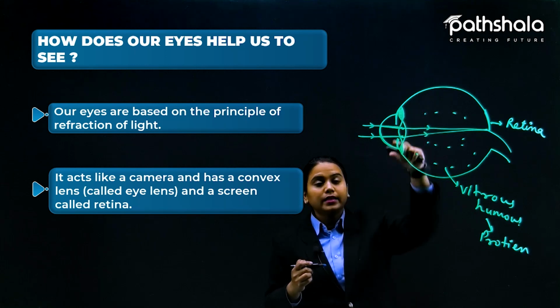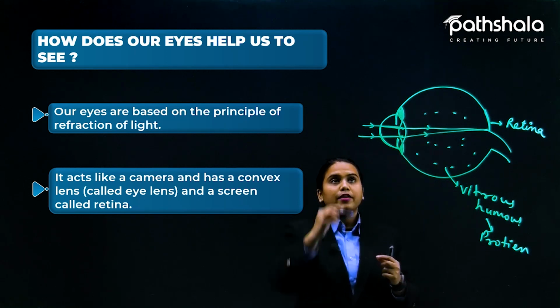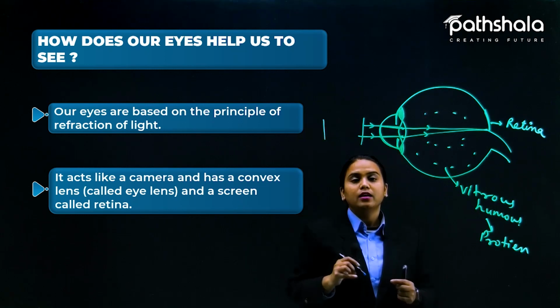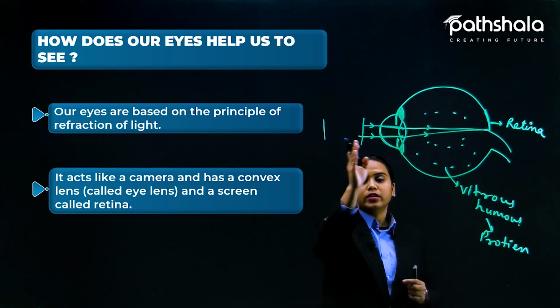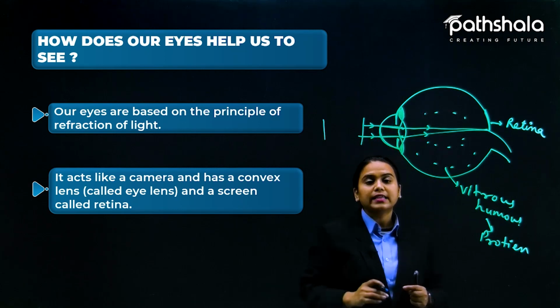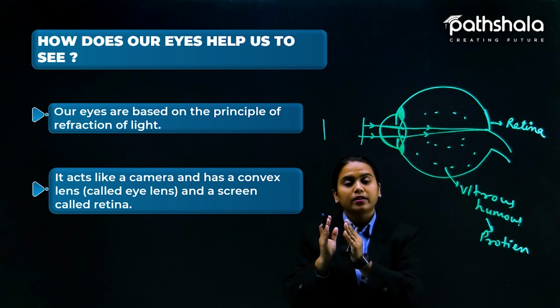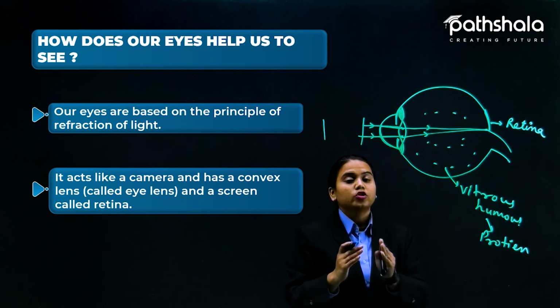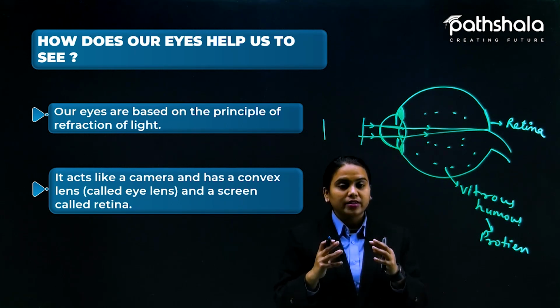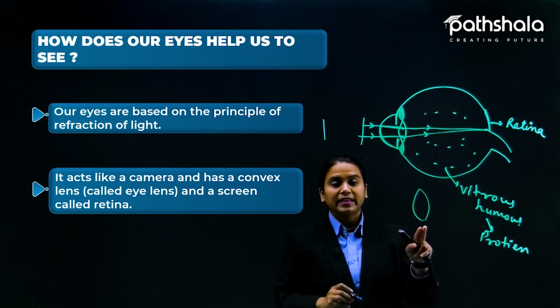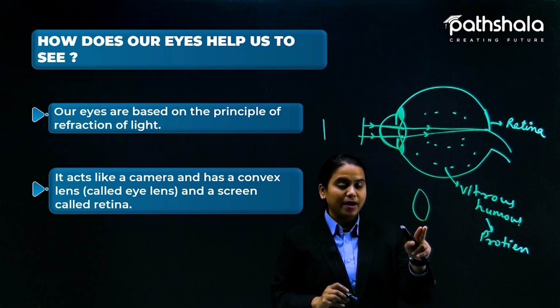And this is the ciliary muscle, which is going to adjust. If an object is standing nearby or at a far point, then according to the distance, the eye lens shapes itself in a relaxed or contracted manner. When it is contracted, it is enlarging its size like this. At that point, the object is standing nearby to the eye.